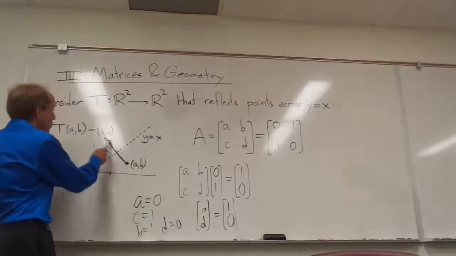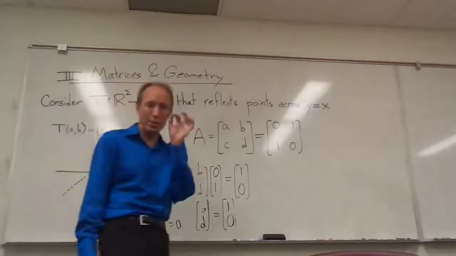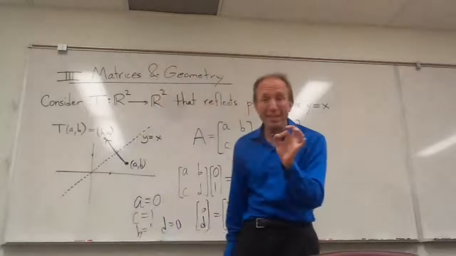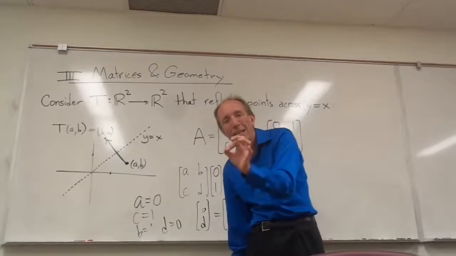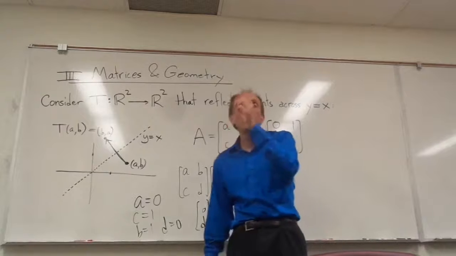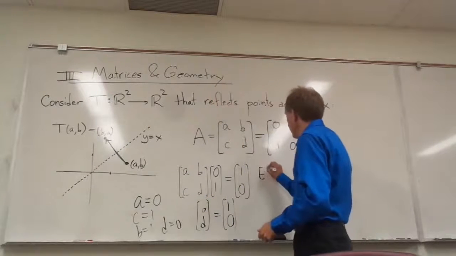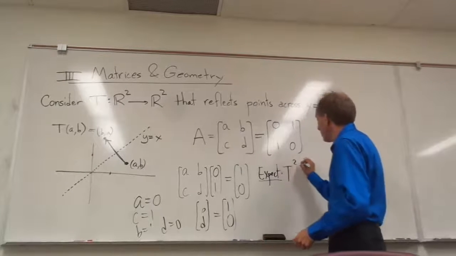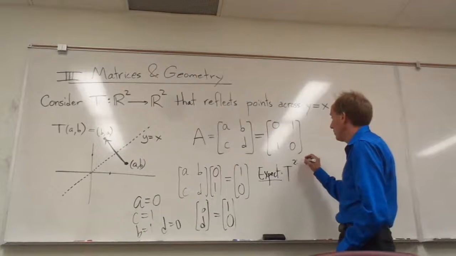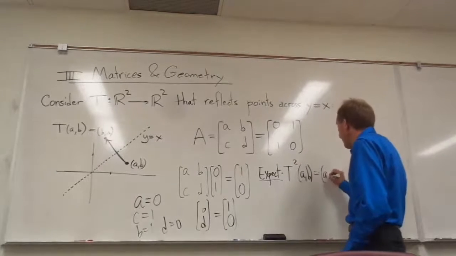If I apply the transformation twice, you start at the point (a, b), transform it to the point (b, a), and then it gets flipped back to the point (a, b) again. In other words, we would expect that T squared of any point (a, b) gives us (a, b) again.